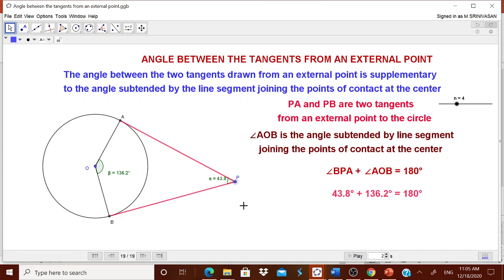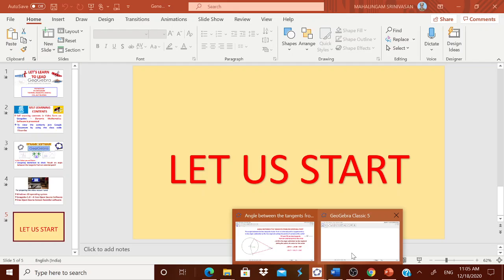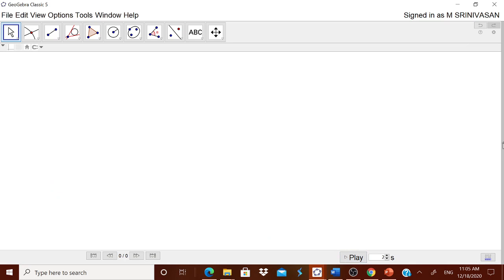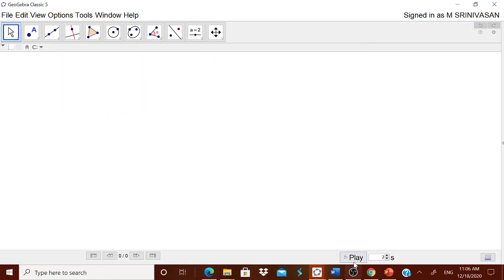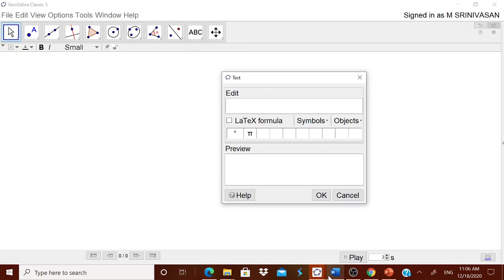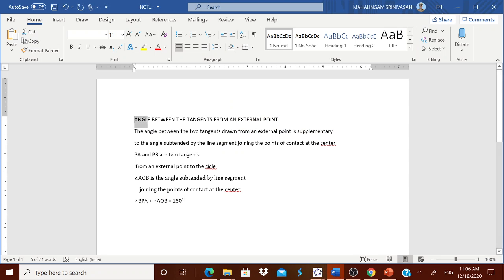Let us try to design this worksheet from scratch. For that, I have taken a GeoGebra Classic 5 worksheet. Geometry view I have selected, and in the options rounding off to one decimal place and labeling of new points only. Let us start with the heading, angle between tangents from an external point.